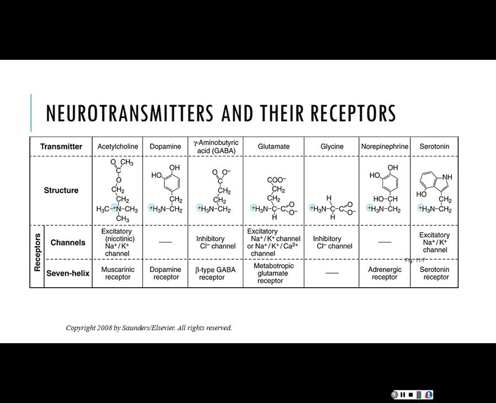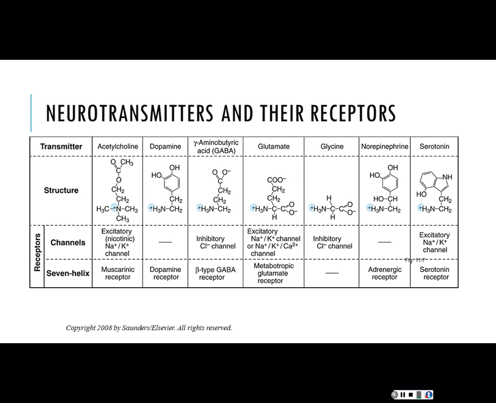So where you have 7 helix, just say parentheses, G protein receptor, which activates the second messenger. So we know these things are hydrophilic, so our receptors could act as an ion channel, or they could activate a G protein. Does that make sense? That's summarized.